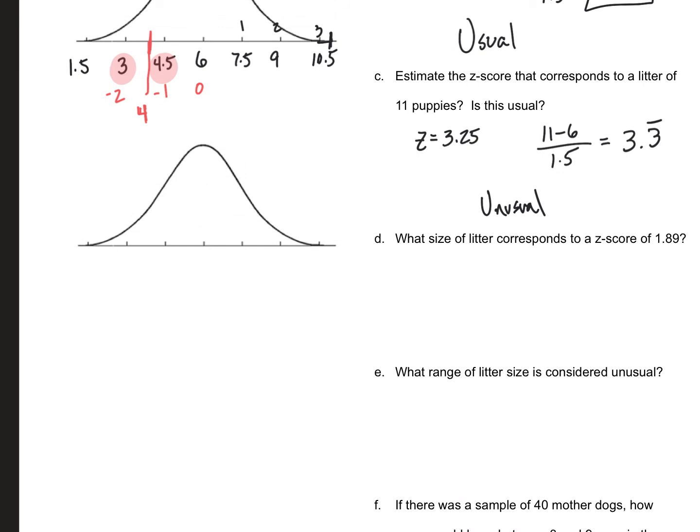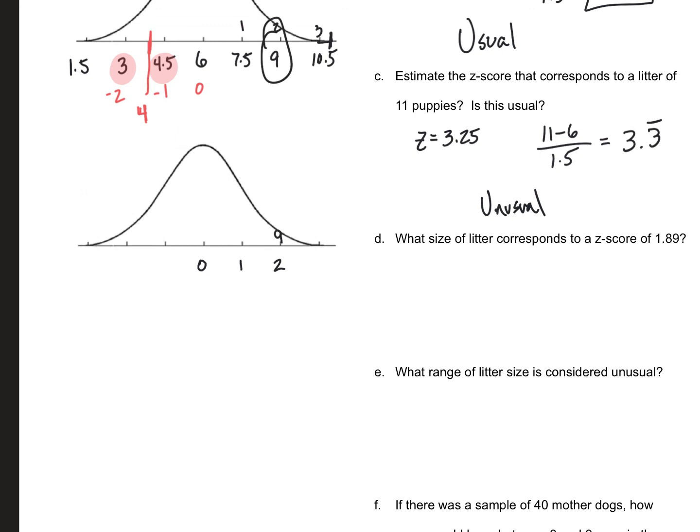So if we're taking a look at the z-score down at the bottom, it says, what is the size of a litter that corresponds with the z-score 1.89? Well, 1.89, remember there's the z-score 0, there's the z-score 1, there's the z-score 2. Well, on our z-score 2, that was 9 puppies.